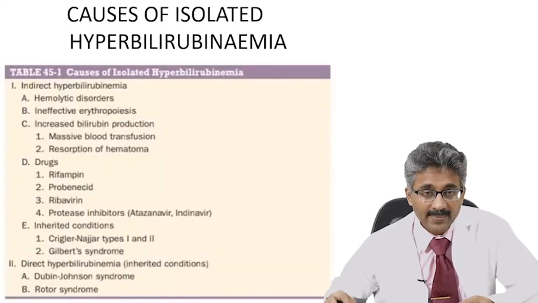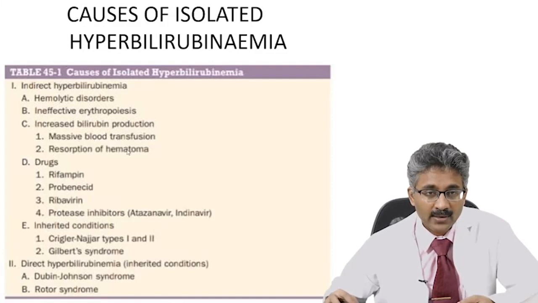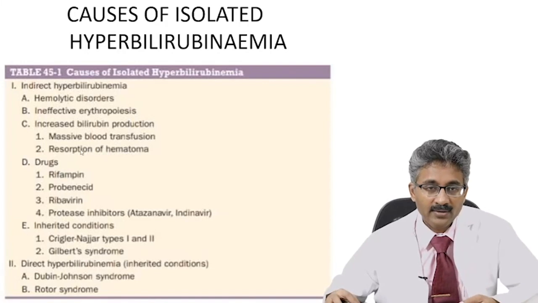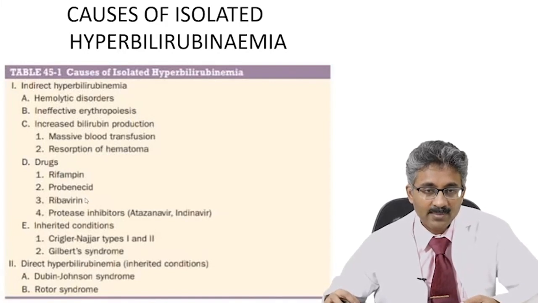So, a table depicting the causes of isolated hyperbilirubinemia. Indirect, as I discussed: hemolytic anemia, ineffective erythropoiesis, increased bilirubin production by massive blood transfusion, resorption of hematoma. Drugs which inhibit the uptake of bilirubin: rifampicin, probenecid, ribavirin, protease inhibitors like atazanavir, indinavir.